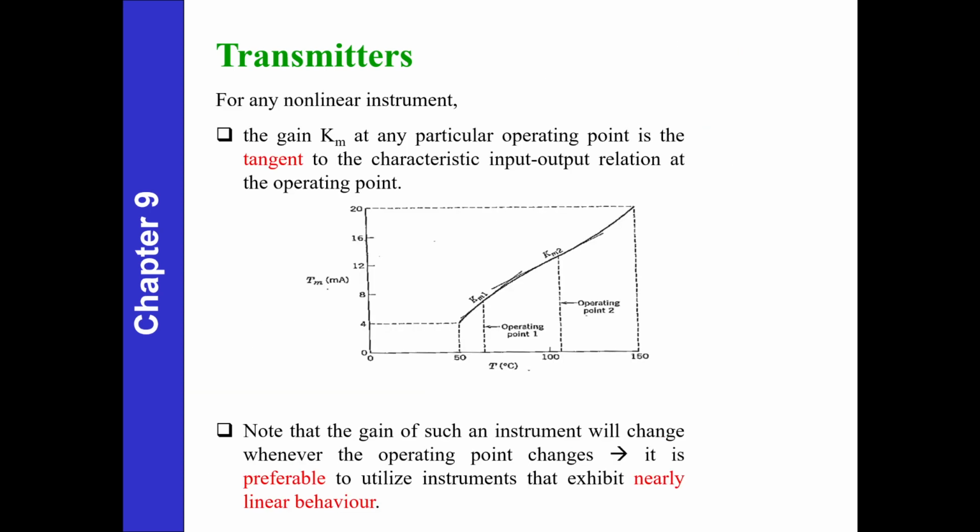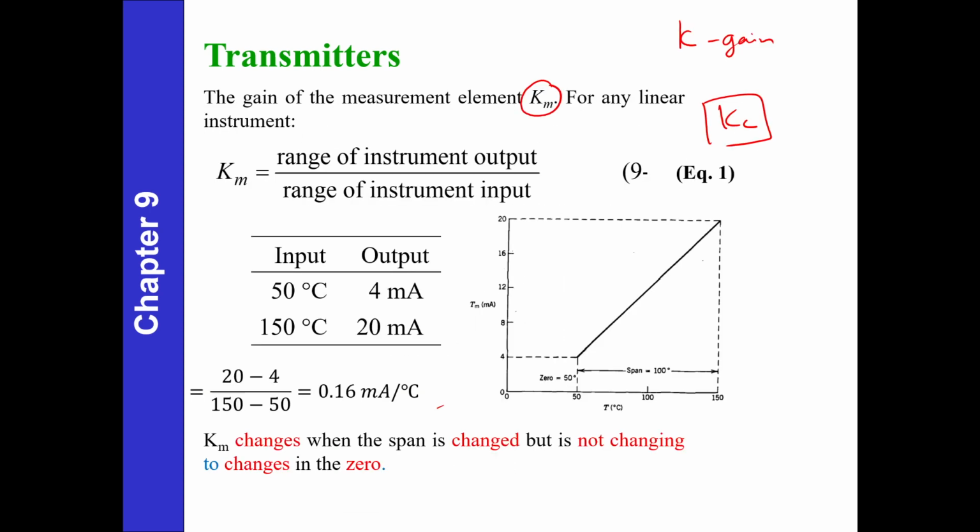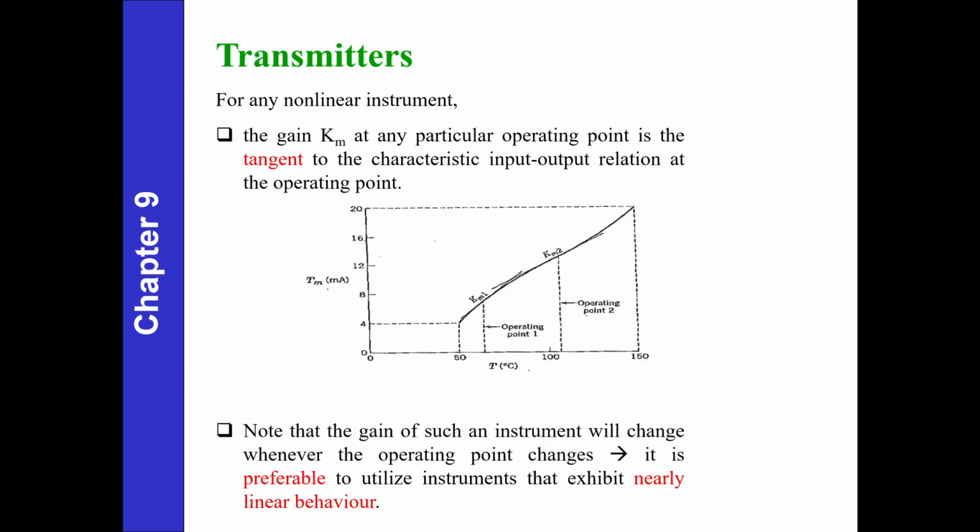So for the transmitter, the relationship of input and output is linear. That's why you get this straight line. There are also non-linear instruments, but they are not commonly used.